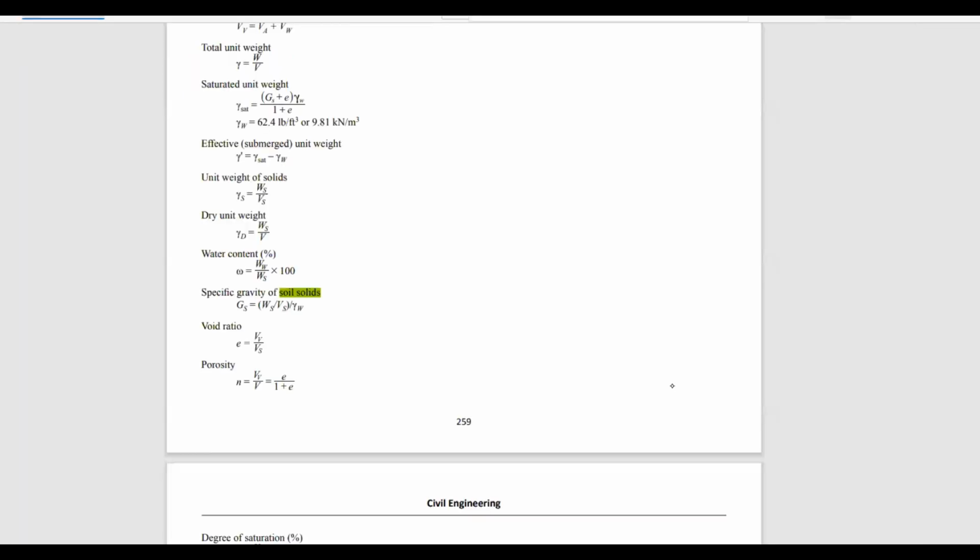Okay, so I'm given this formula for the specific gravity of soil solids, Gs. Great.